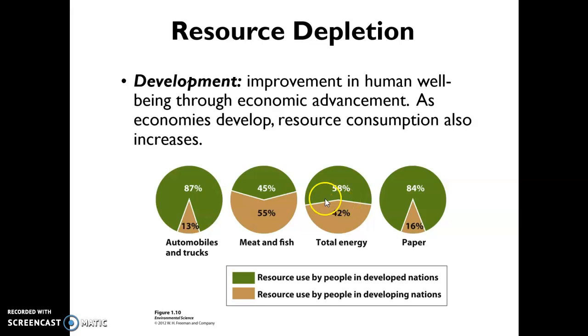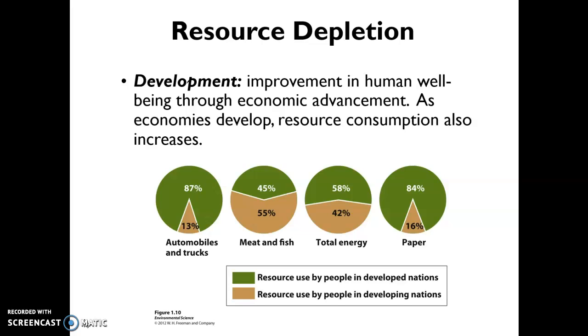Energy, same kind of story. 60% for developed countries, 40% for developing nations. And again, the developed nations make up a small portion of all countries. Paper. Oh, look at that paper number. Developed nations use up 84% of the trees for paper, whereas developing nations only 16%.